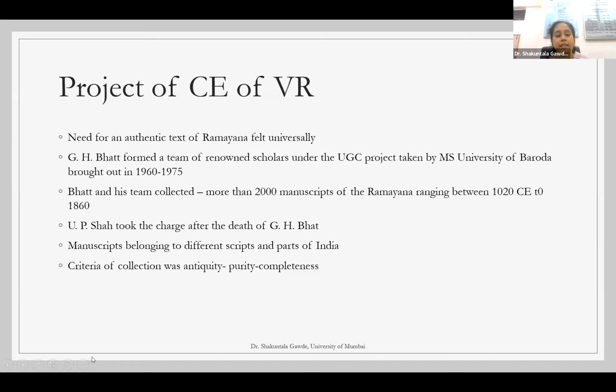G.H. Bhatt formed a team of renowned scholars under the project undertaken by MS University of Baroda, which was brought out from 1960 to 1975. Bhatt and his team collected more than 2,000 manuscripts of Ramayana, ranging from the 10th century to the 18th century almost. So we can see that no manuscript was available from before the 10th century.